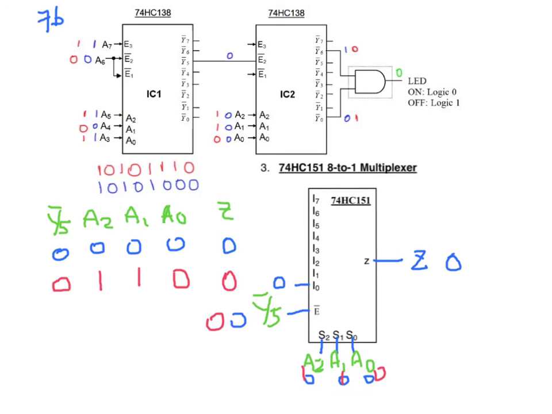And because we want the output to be 0, therefore I6 has to be 0 also. And all the other inputs will be 1. And this is the solution for 7b.